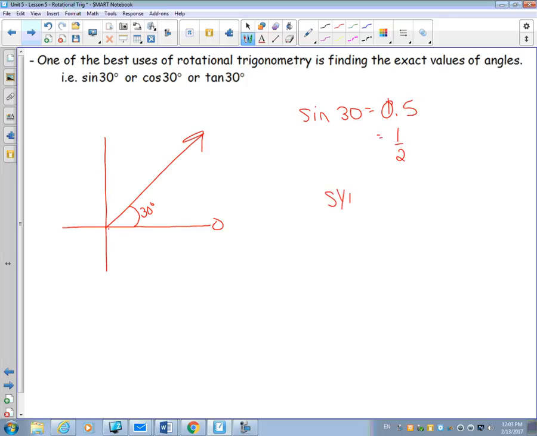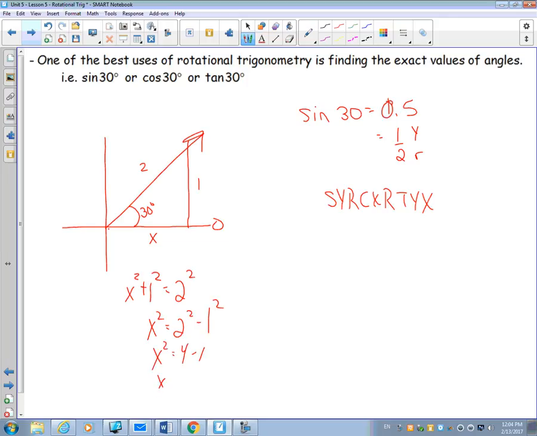Well, based on Sir Sixertex, I now know that the y value is 1 and the r value is 2. If I make this into a triangle, y is 1, r is 2, I can find x using Pythagoras. I'll get x squared equals 2 squared minus 1 squared. Make sure we do exponents first.